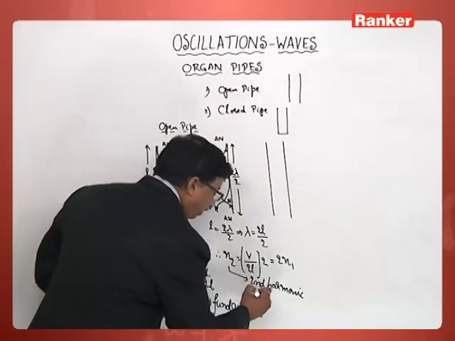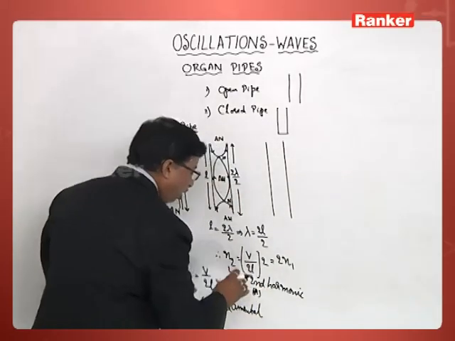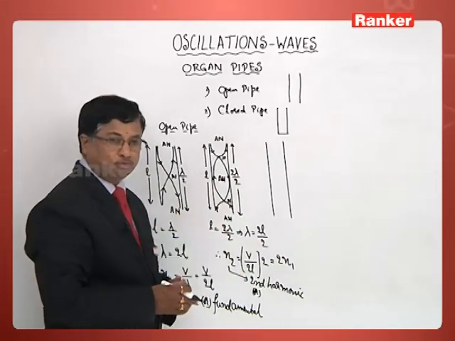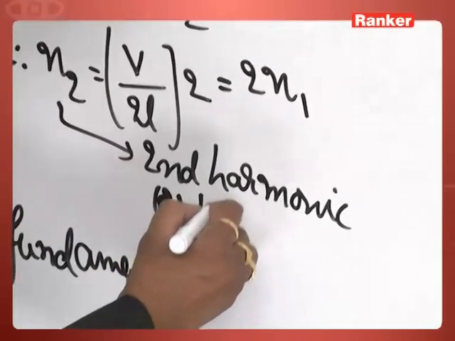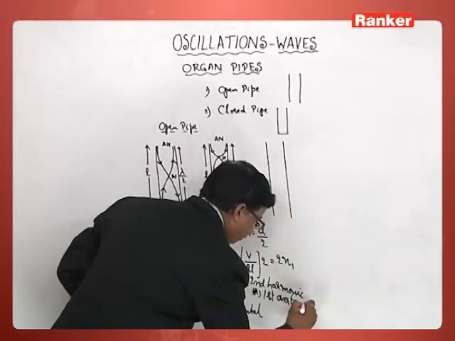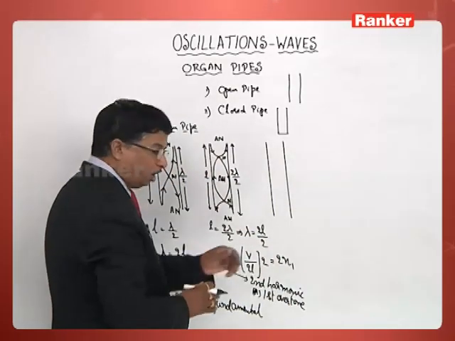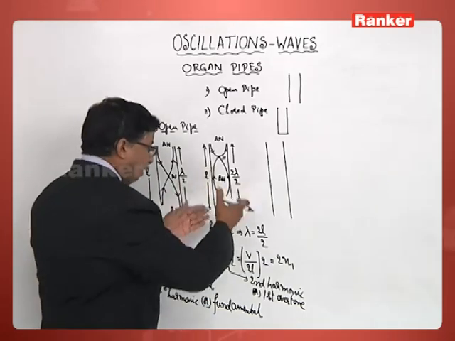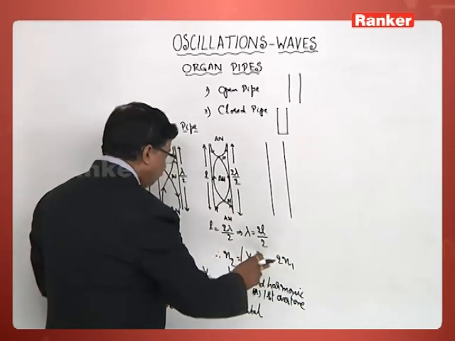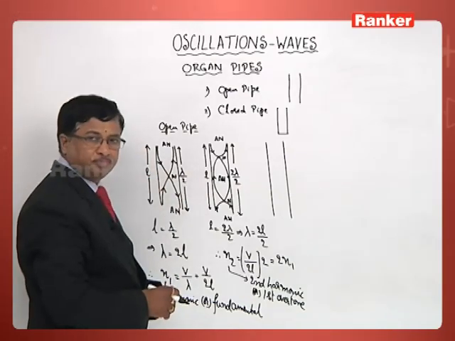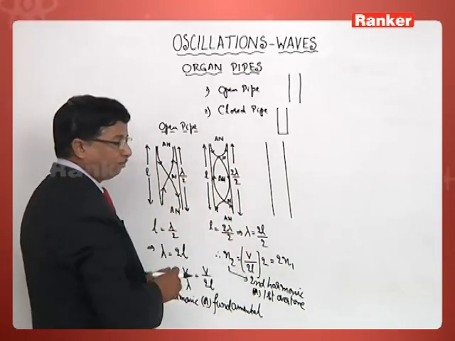When it is called second harmonic, from second harmonic onwards, we count them as overtones. Therefore, we can even call this one as first overtone. Either second harmonic you can call it or first overtone you can call it. This is equivalent to twice the fundamental frequency in the same pipe. So this is the second case.